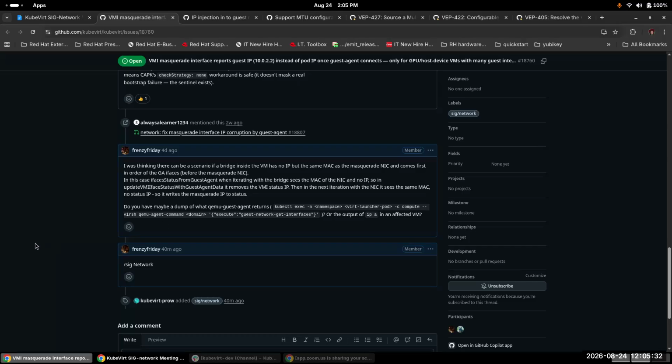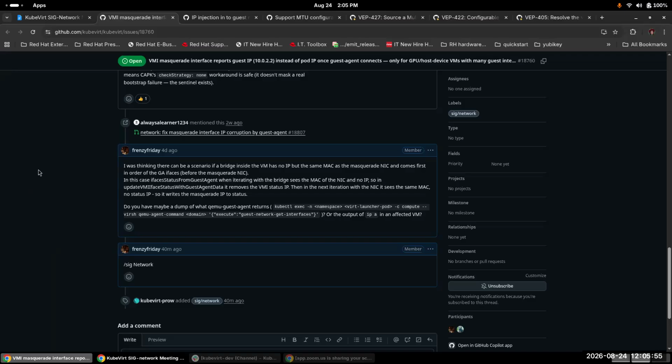If something has the same MAC as the pod interface, and if it does not have an IP, we do a comparison there where we go over the guest agent IPs or the guest agent interfaces, we compare it by the MAC and we try to set the right IP if it's found in the status of the VMI.